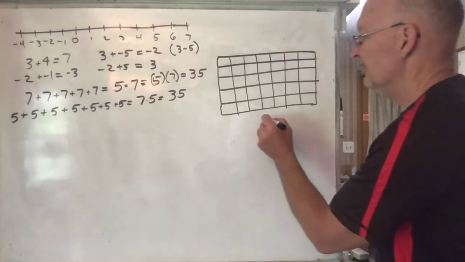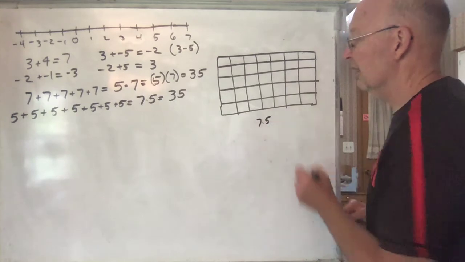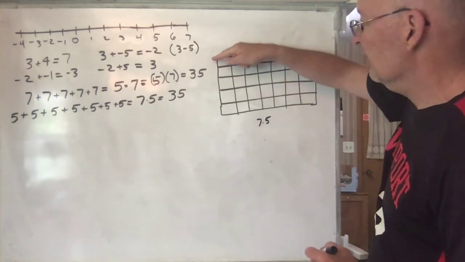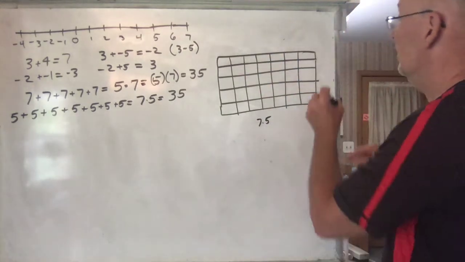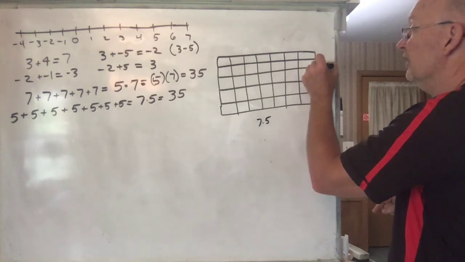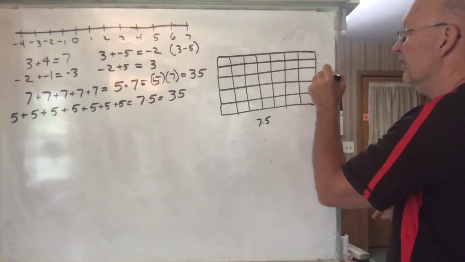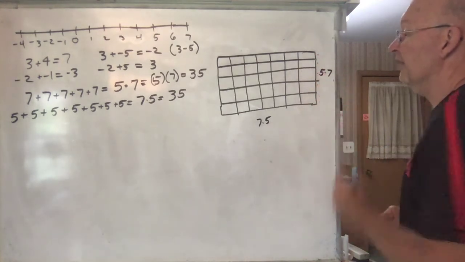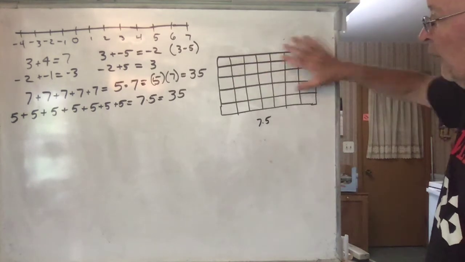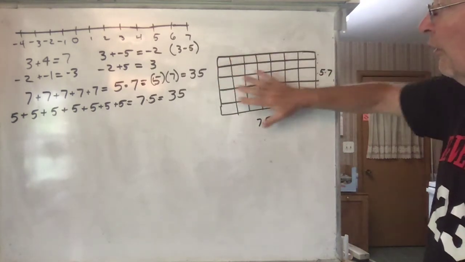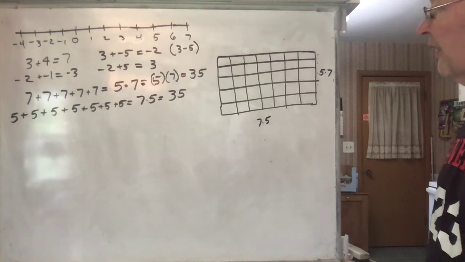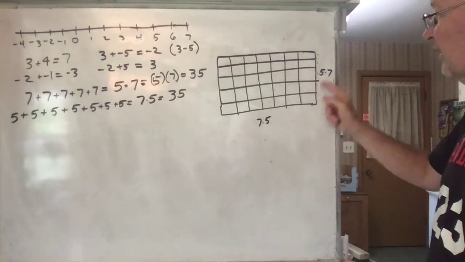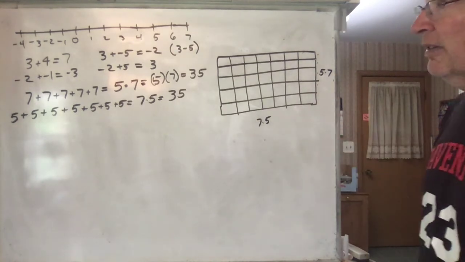I have 7 5s there. And looking at it this way, I have 5 7s: a 7 here, 7 here, 7 here, 7 here, 7 here. So I have 5 times 7. Whichever way you express it, you still get all of those squares, so either way you get 35. That's why 7 times 5 is equal to 5 times 7.